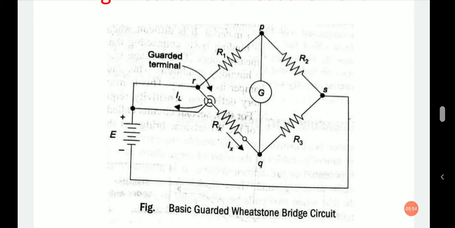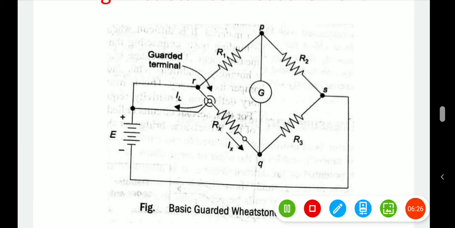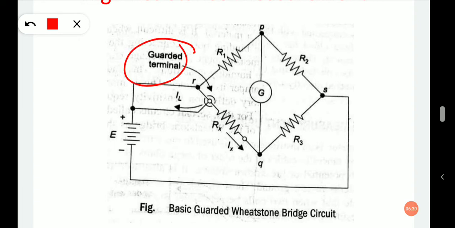The Wheatstone bridge circuit, which consists of a guard wire around the binding post of its unknown resistance Rx, is called a guarded Wheatstone bridge.